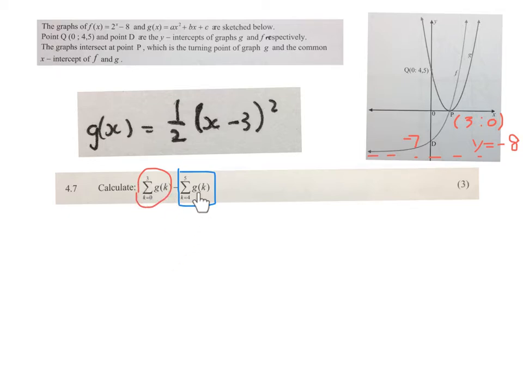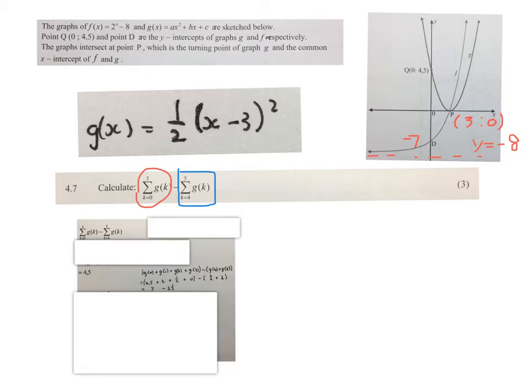Then go to this side, take a 4, plug it in the place of x there, take a 5, plug it in the place of x there, work it out, get the answer, add it, and then subtract these two from each other. Like I said, there's quite a few ways to work it out, but what I think the best way would be to work out g of 0, g of 1, g of 2, g of 3, add them, and then subtract g of 4 plus g of 5, from each other.